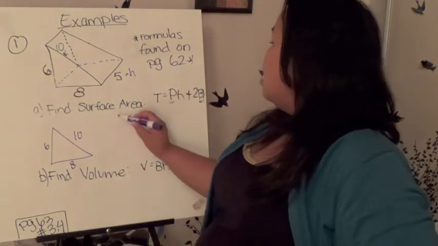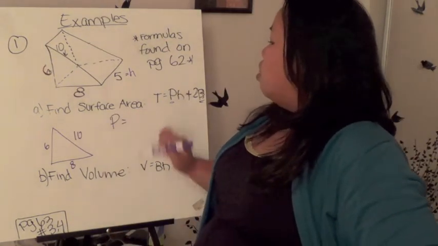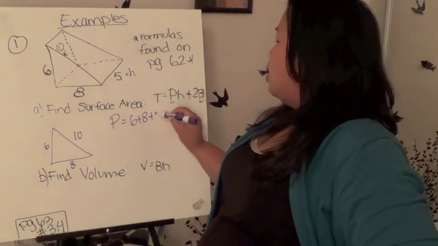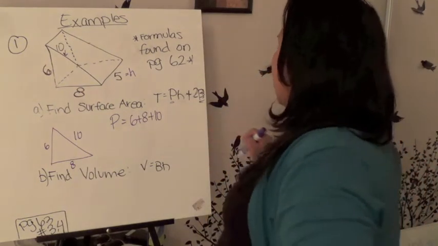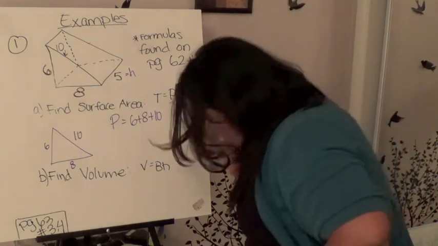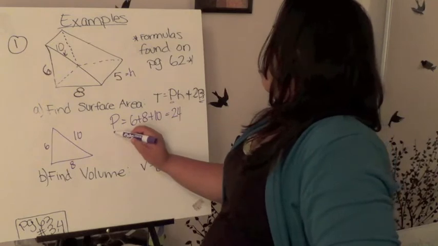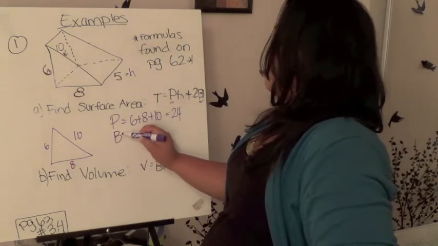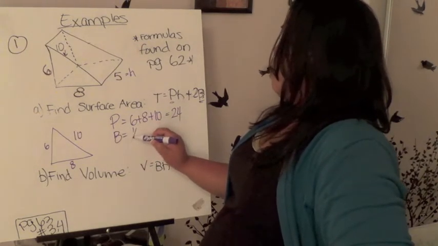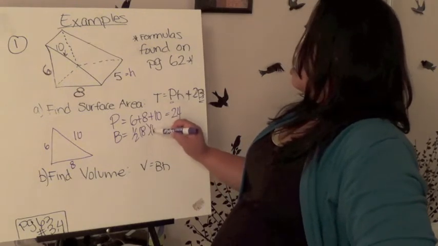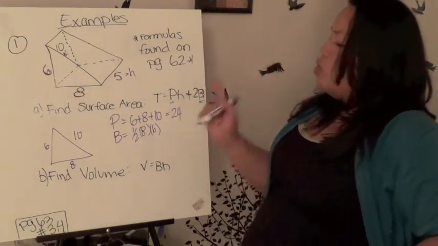So first, I need to find the perimeter, which is 6 plus 8 plus 10, which is 18 plus 6 is 24. And big B is basically 1/2 base, which is 8, times height. Now this is what you learned from 1.6.